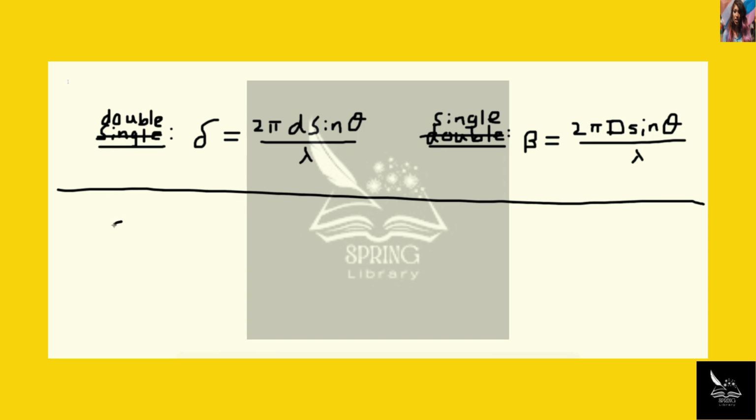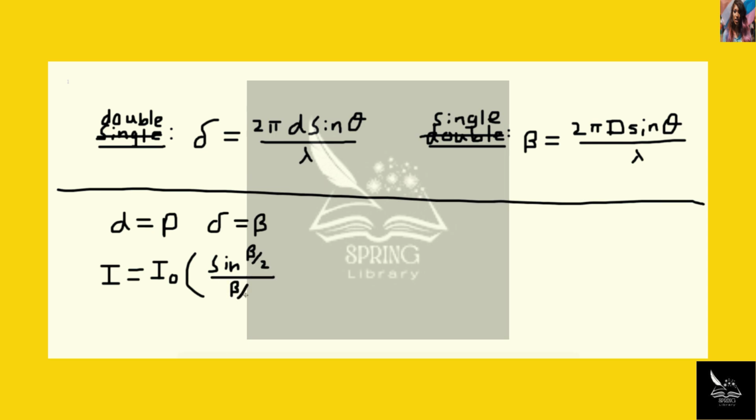Well, if little d is equal to big D in these expressions, then that means that delta is equal to beta. Well, the equation for intensity, I, is equal to I naught times the sine of beta over 2 divided by beta over 2, and this is all squared.